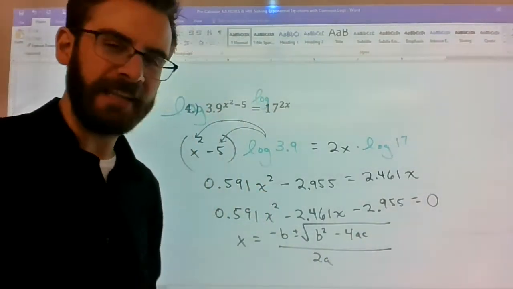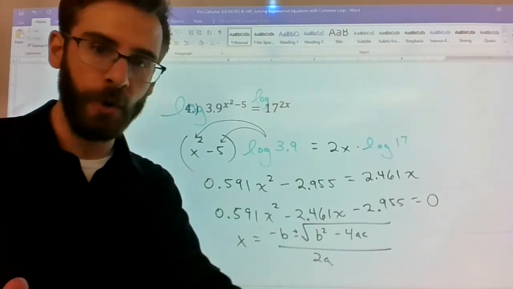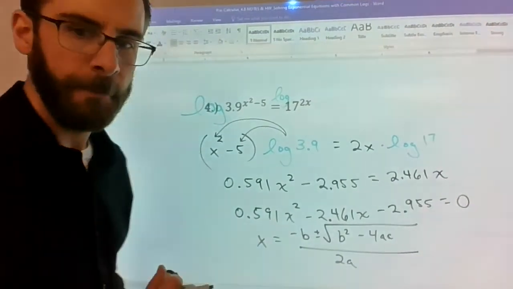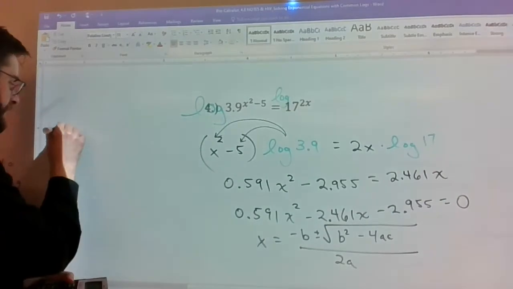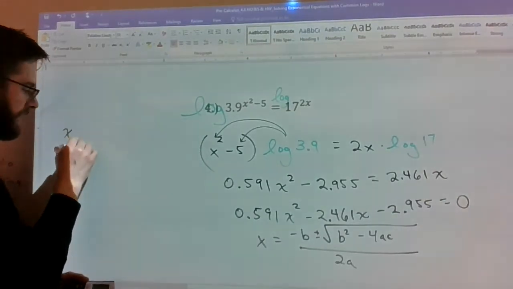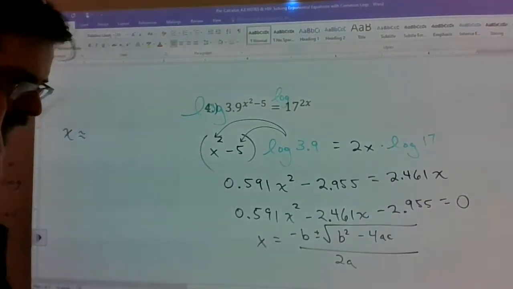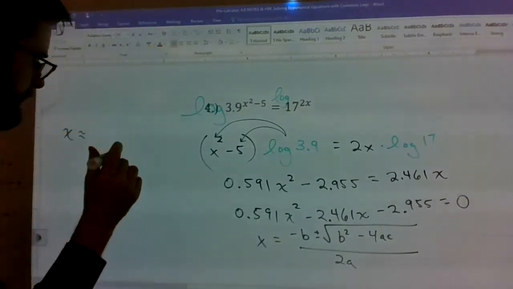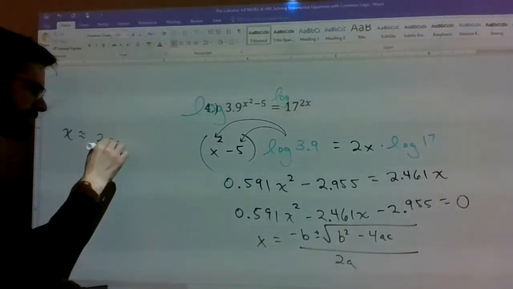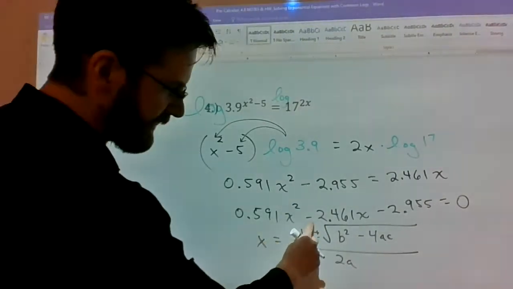So it really is a pain to write these decimals out over and over and over again, but it could be worse, right? So I don't have a whole lot of room over here. I've got 2.461. Remember, it's the negative of that.